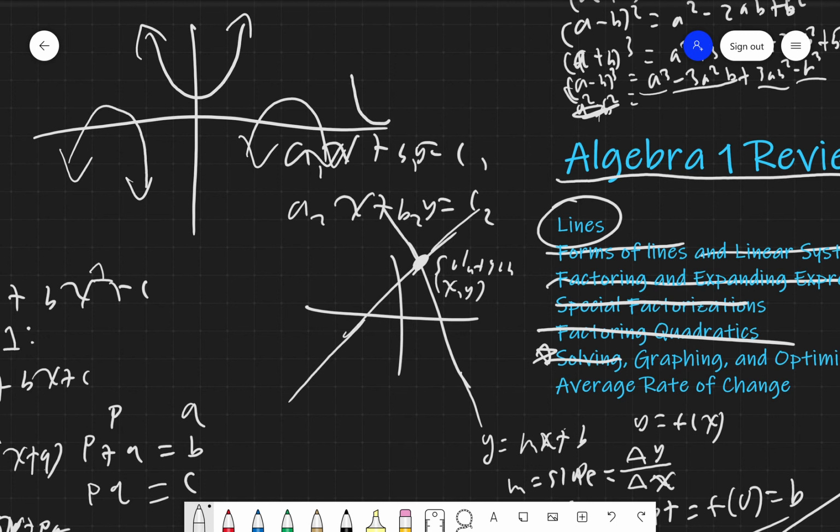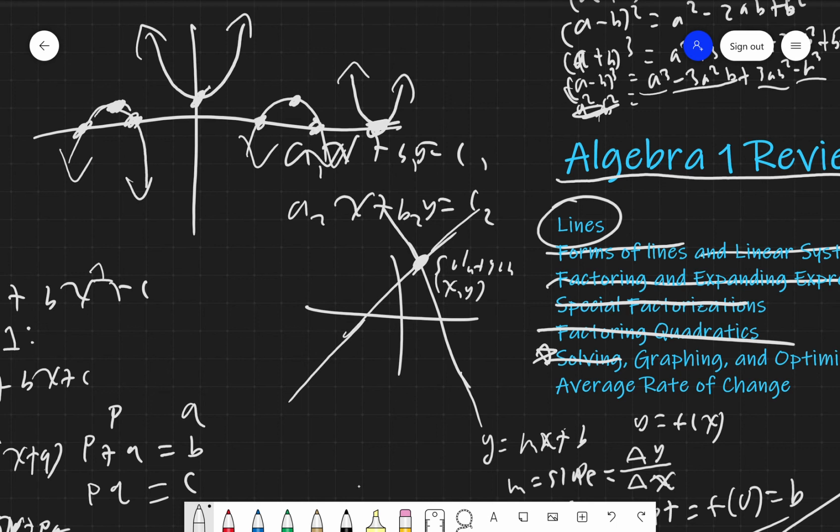Here are some examples of parabolas, is what we call them. Notice that they go off to infinity on both ends, and they both go in the same direction, either both up or both down. Notice that they all have a tip. And then notice that they all intersect the x-axis at a maximum of 2 points.